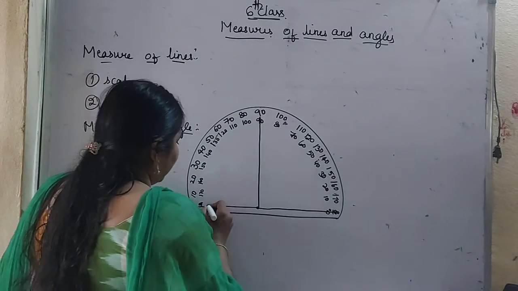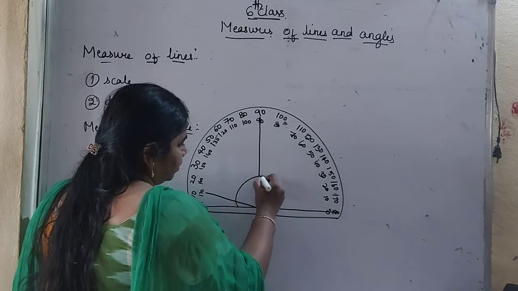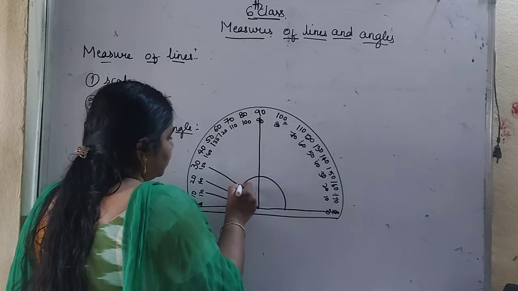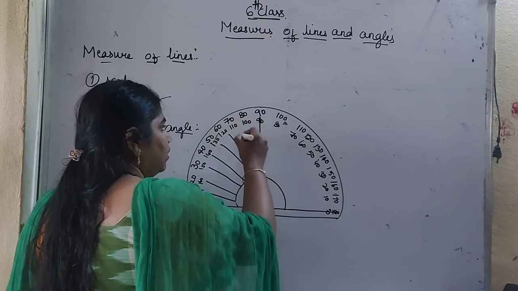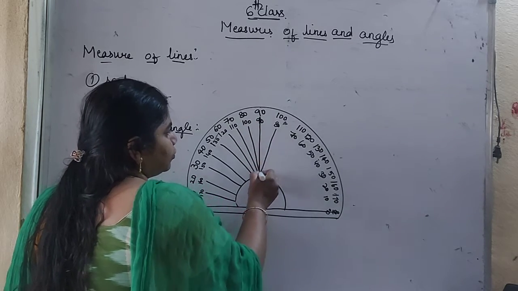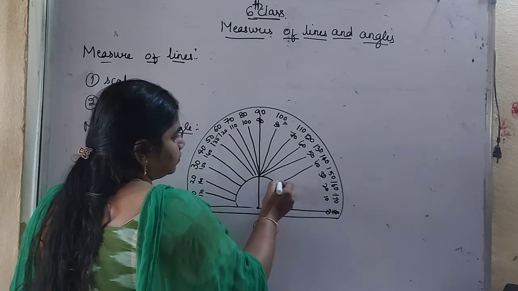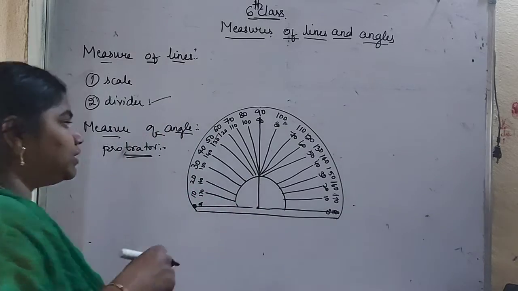So you will have the lines like this, which are intersected at the point. By using this, we will measure the angles. This is called a protractor.